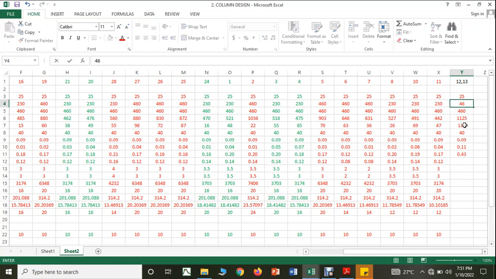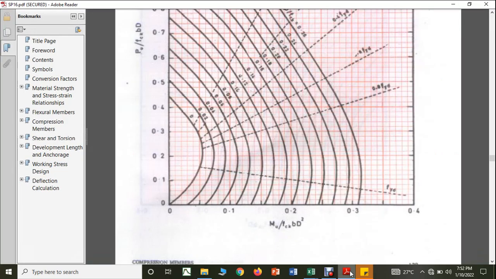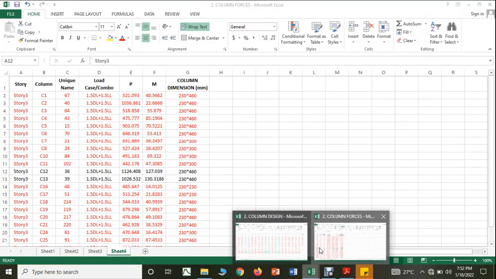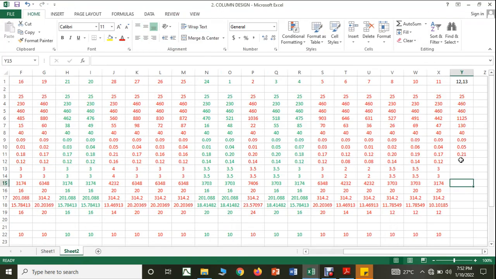Therefore let us make it 460 by 460. When I do that, it is 0.05 and 0.21. Okay, 0.05, 0.21. So you can see 0.21 is here. Okay, so 0.21, and you have 0.05, which comes out to be 0.16%. Okay, it is manageable. So therefore I can go to 0.16%.